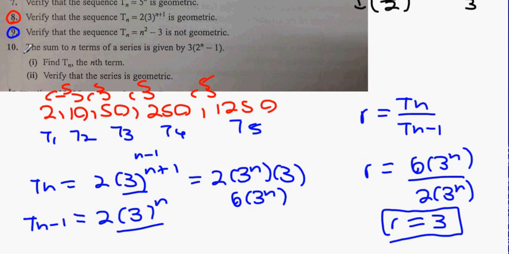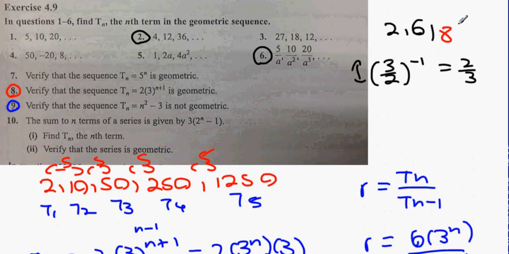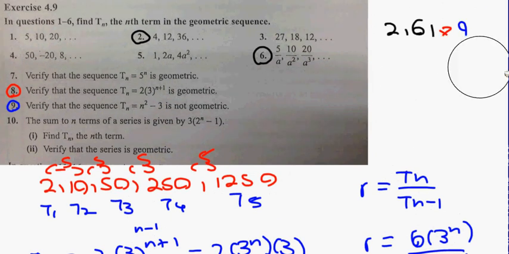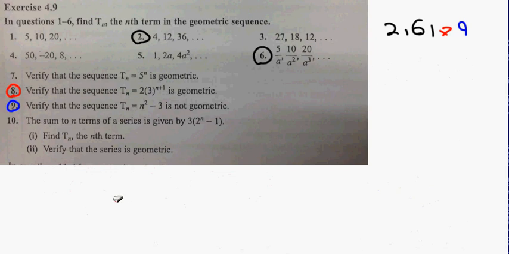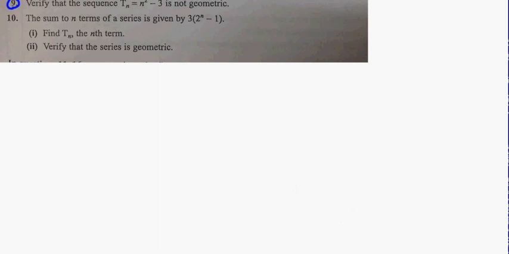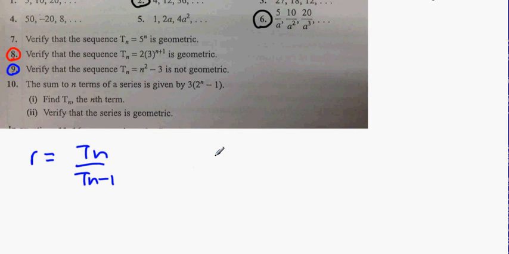Now let's do question 9 and try to verify that the series is not geometric. So we want to verify that this sequence here is not geometric. Once again, our R value for a geometric series is Tn divided by Tn minus 1. Tn is n squared minus 3.